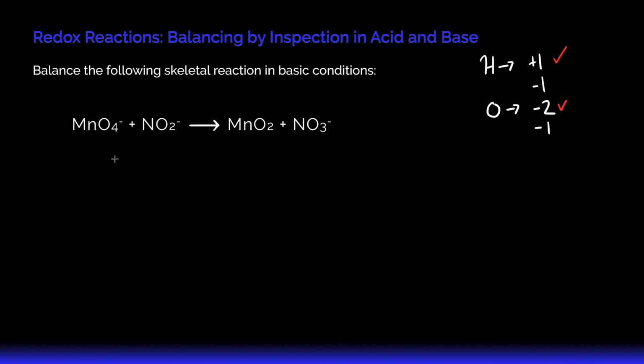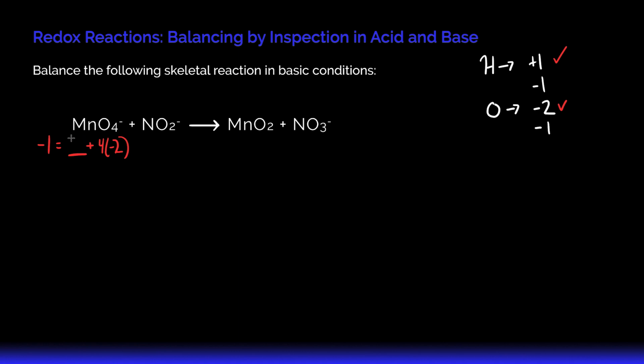So we're going to start with MnO4-, and we're going to say we have 4 times -2, and that added to whatever the oxidation state of manganese is going to have to equal that -1 overall charge that you see right here. And the way I approach it is simply to say -1 is equal to what plus -8?